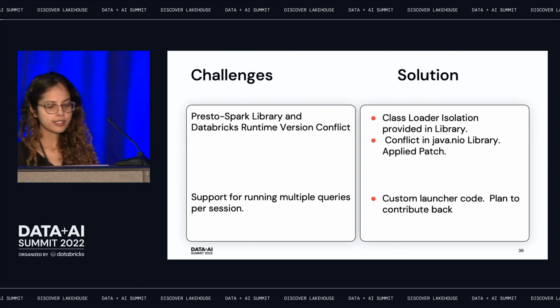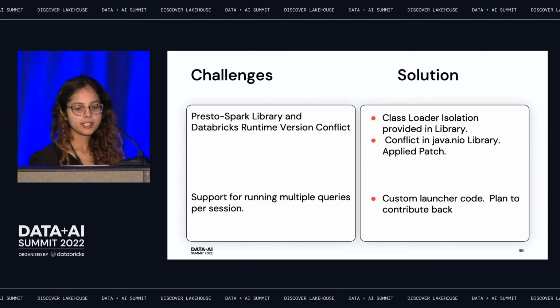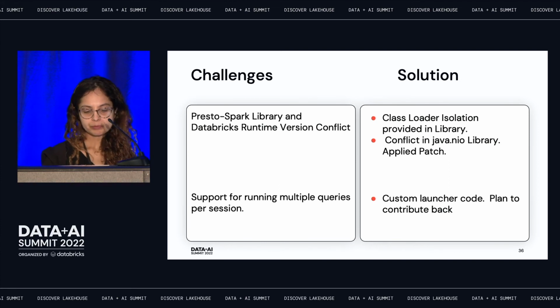The first thing was that the Presto On Spark library and the Databricks runtime have version conflicts, but the Presto team has managed it very well. It has provided class loader isolation, but we still ran into conflicts in the Java and IO libraries. We have applied a patch, and we plan to contribute it back.